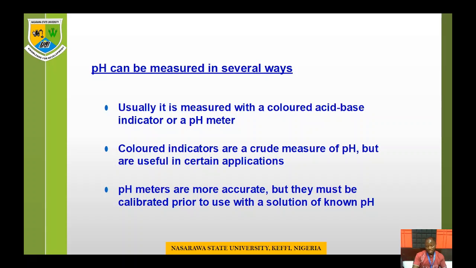Then for the base, when the solution in actual terms contains a higher number of hydroxide ions, but the pH meter is giving you the result that portrays the solution to be an acid. Okay, so to avoid such things, the pH meter must be calibrated, must be reprogrammed, so that it gives the actual result, and that is what is meant by calibration.